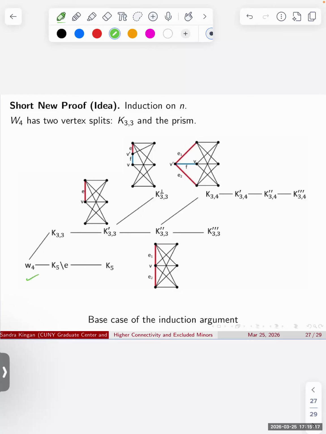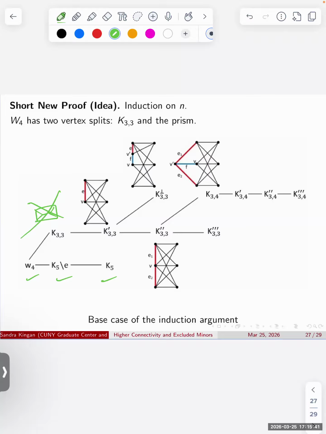We talked about how W4 has K5 delete E as an edge and K5 as double edge, right? And W4 has 2 vertex splits, prism and K33, and we are excluding the prism and seeing what we get.